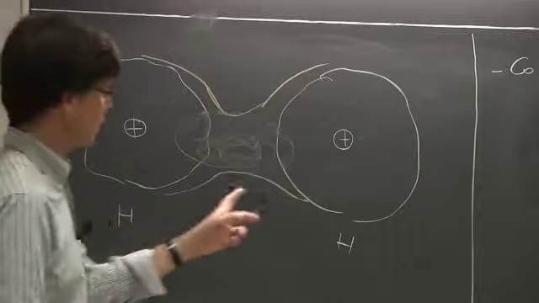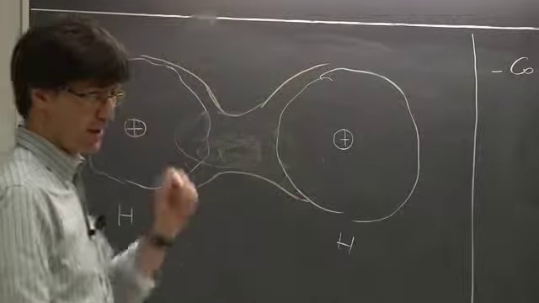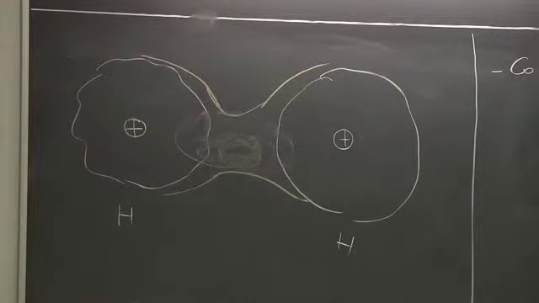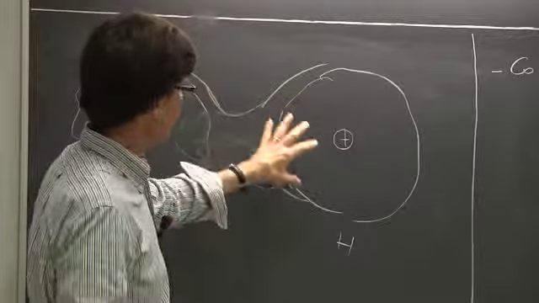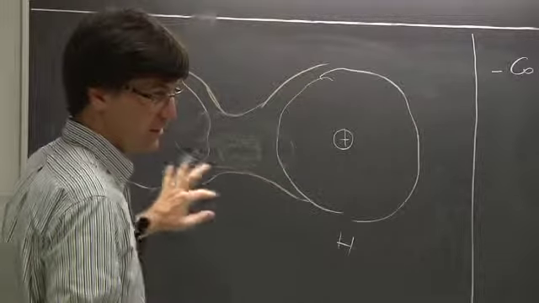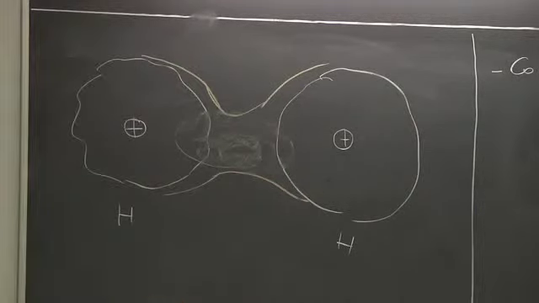You shouldn't forget that there is also repulsion due to the presence of the two electrons, but the result of this will be a slight accumulation of charge in the region between the two atoms.